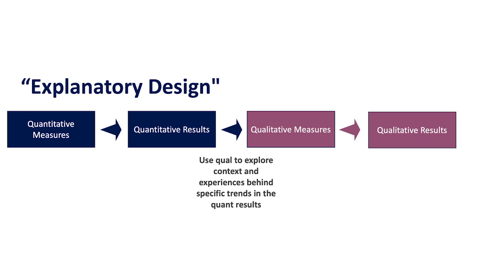So while we're using convergent, so we're going to be collecting this information at the same time and comparing and contrasting to find our themes later on in the semester, there's also something called explanatory design. And that's when you, instead of collecting your quantitative and qualitative at the same time, you collect quantitative measures first. So you might just collect information about how often practices are happening or how prepared people are to do them.